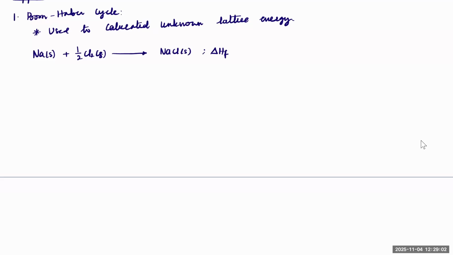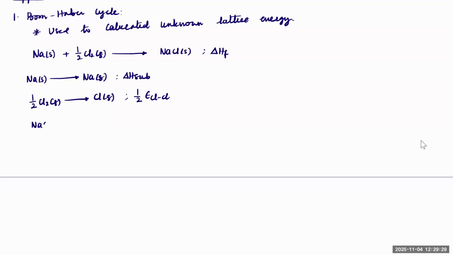Na solid is giving Na gas, so this is delta H of sublimation. And half of Cl2 gas is becoming Cl gas, so that is half of the bond dissociation of Cl-Cl.